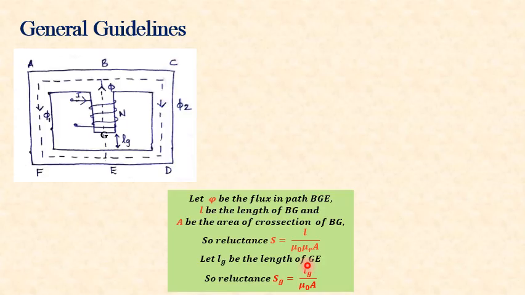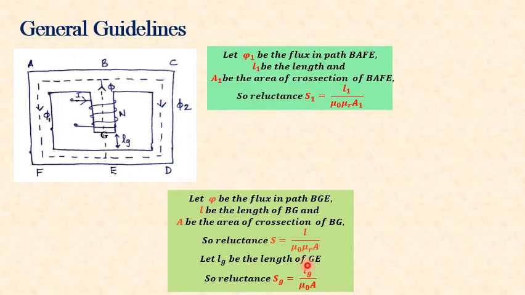So that's regarding the reluctance of the central limb. Similarly, in the case of the left limb, let phi 1 be the flux through BAFE, and let L1 be the length of BAFE. A1 is the area of cross section of BAFE.